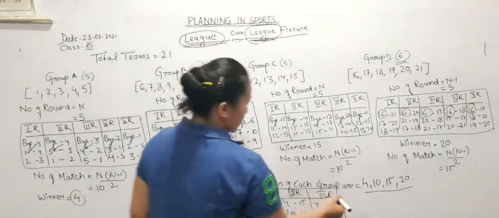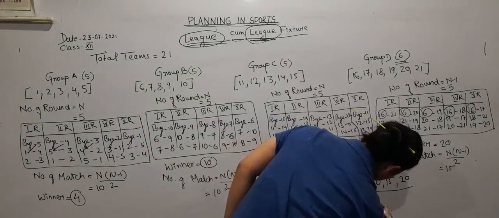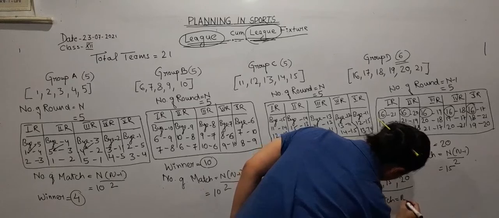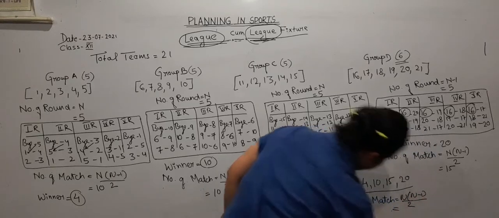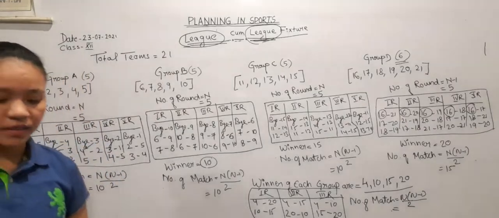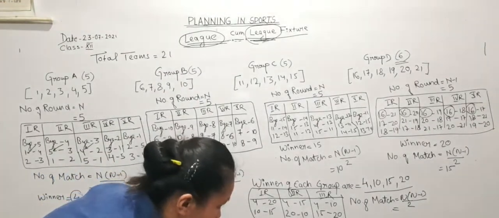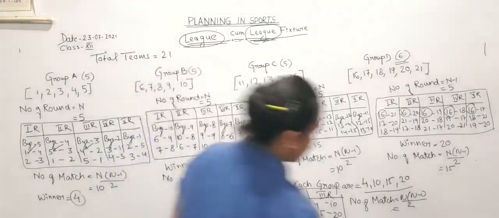And the number of matches: (n minus 1) upon 2 means here the number of matches is 6.